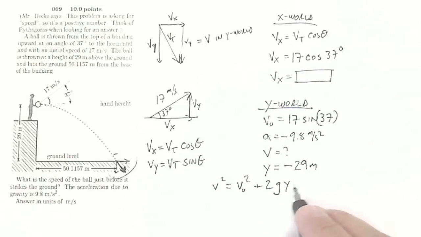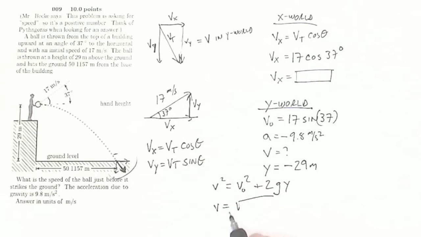Now, sometimes you've got negatives and positives. Well, in this case, this is going to give you some positive number because it's v squared. This g is negative and my distance is negative, so this is another positive number, so this is going to get even bigger. So whatever this value is, this is going to add to it and get even bigger, and then I'm going to square root. So my velocity is going to be the square root of the sum of all of this, right?